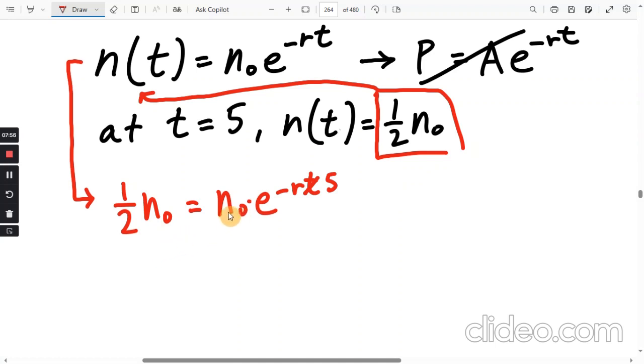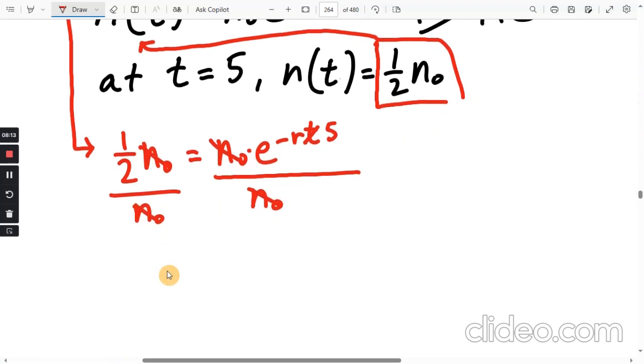N sub 0 is just a number, but we don't need the actual number because we're going to get rid of it. It cancels on both sides, and we are left with 1/2 equals e to the negative r times 5, so it's just negative 5r.